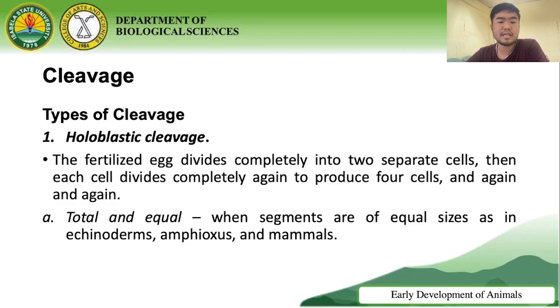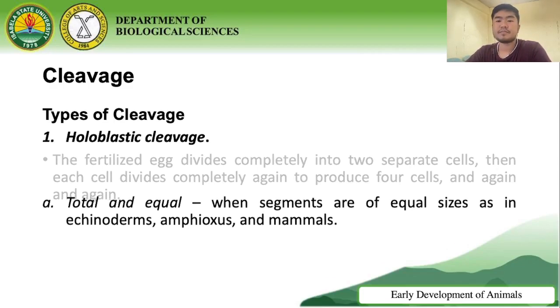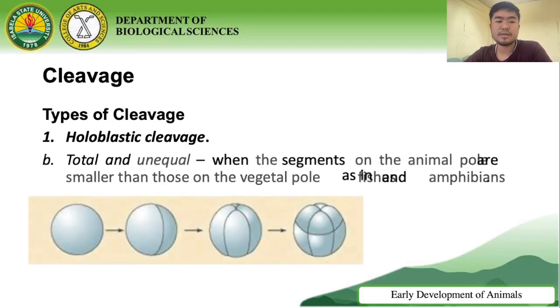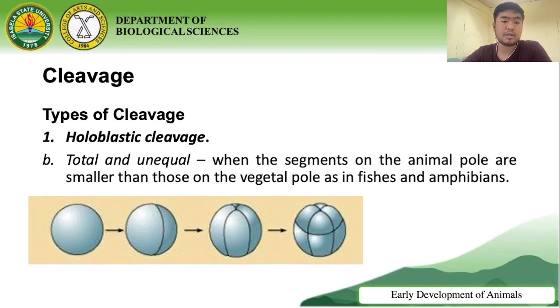So we have two types of holoblastic cleavage. So we have the total and equal. So this type of cleavage is when segments are of equal sizes, as in echinoderms, amphioxus, and animals. Okay? Ayan yung example ng holoblastic cleavage. So, same sizes yung mga cells kapag sila ay nagdi-divide. And another type is the total and unequal. So, this is the condition when the segments on the animal pole are smaller than those on the vegetal pole, just like in fishes and amphibians.